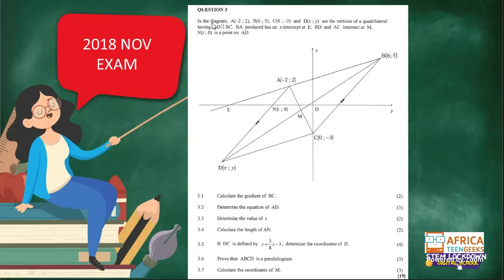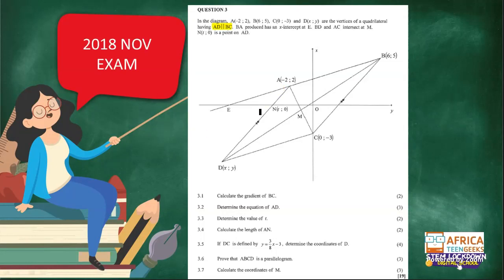From our question, it says you have a diagram. Again, you are given 3 points. And another interesting hint, another answer: you have AD.